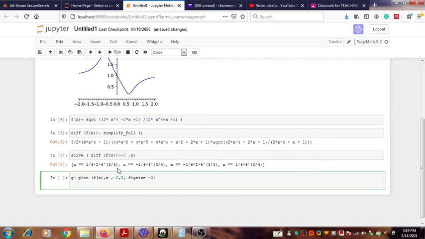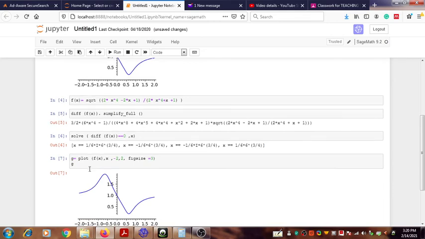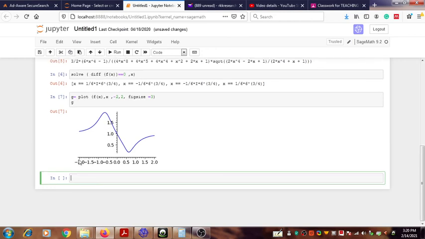But in order to get the figure as an output, you have to type g again and press the keys to take the output. Now you can see a nice curve that stretches from -2 to +2.